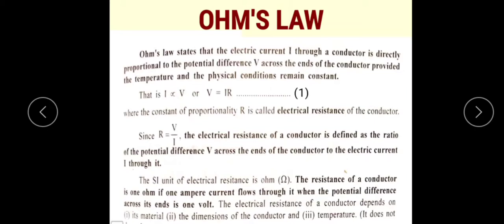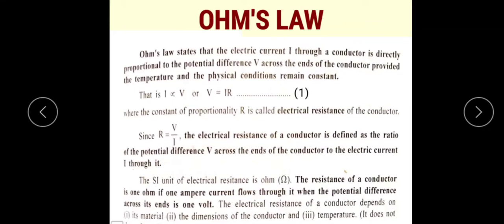See, the SI unit of resistance is ohm, which is represented by omega. The resistance of a conductor is 1 ohm if 1 ampere of current flows through it when the potential difference across the ends of the conductor is 1 volt.